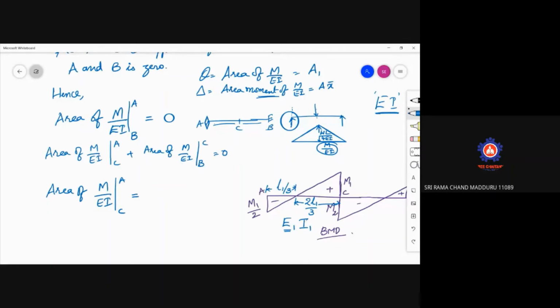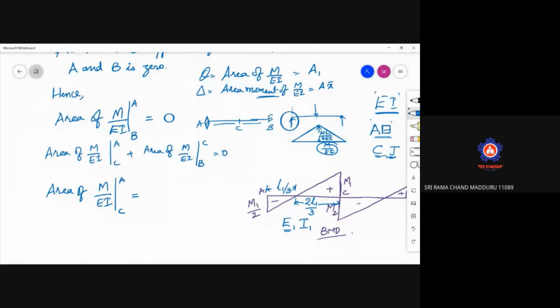Similarly, another one is AE, which is called axial rigidity. Just for the sake of knowledge, AE is called axial rigidity, and GJ, where J is the polar modulus and G is the shear modulus, we call torsional rigidity.